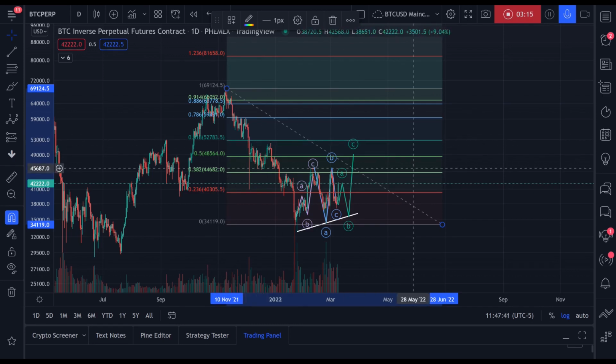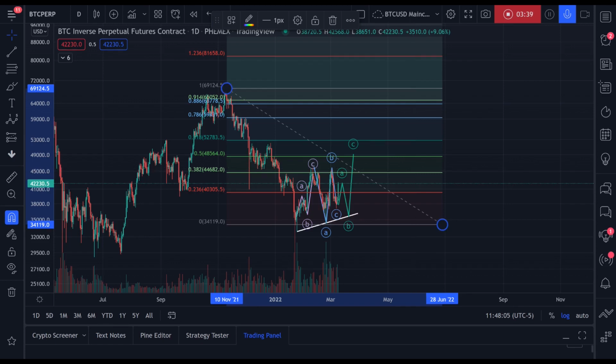So 52.7, 52.8 is what I'm expecting the top of Bitcoin's upside to be for the near future, actually, because the remaining waves down go down quite far. Okay, so that's part of my larger term analysis. I'm not going to get into that right now.